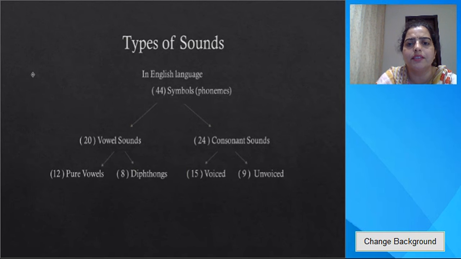In the previous slide, these vowel sounds are further divided into pure vowels and diphthongs, and consonant sounds are further divided into voiced and unvoiced sounds on the basis of the opening of the vocal cords.